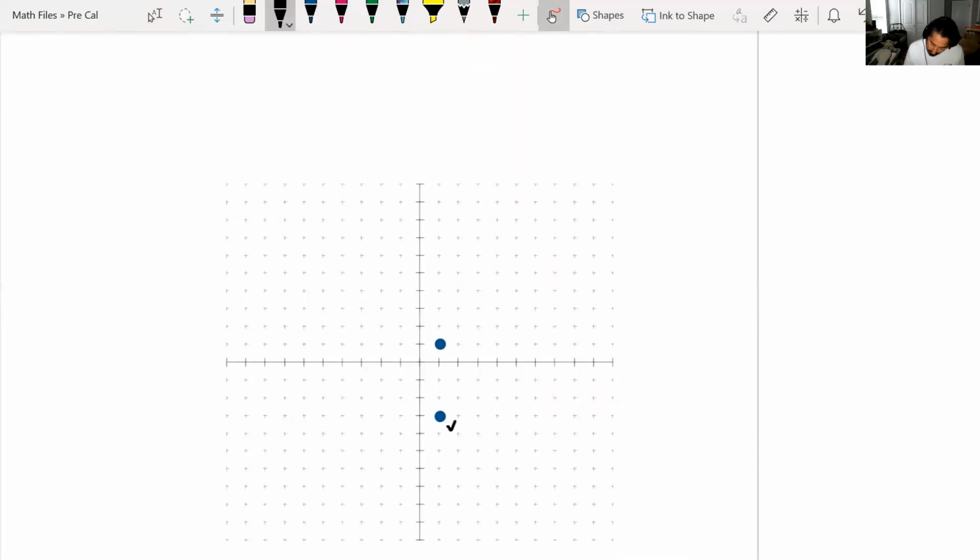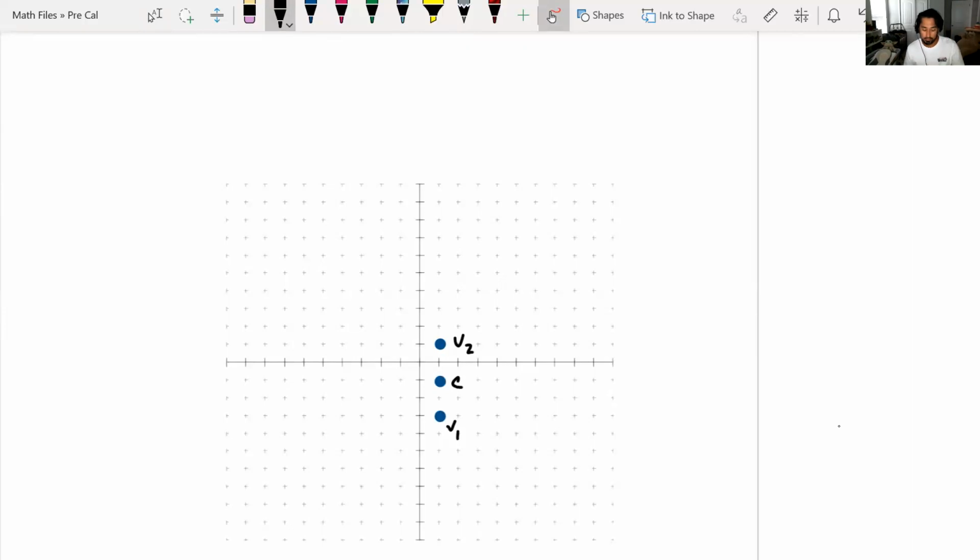So vertex 1, vertex 2, and of course, if you know where your vertices are, you know that your center is right in the middle. So 1, -1, right there. There's our center.